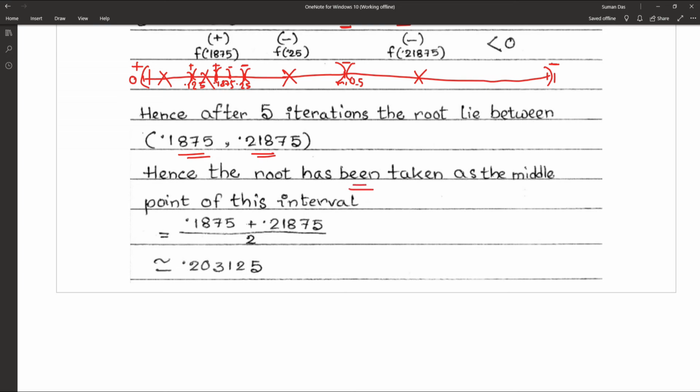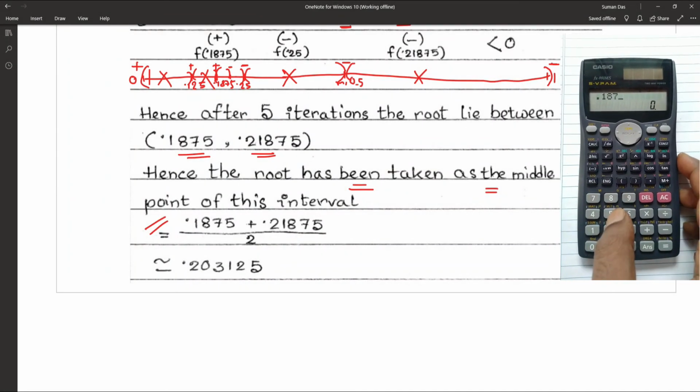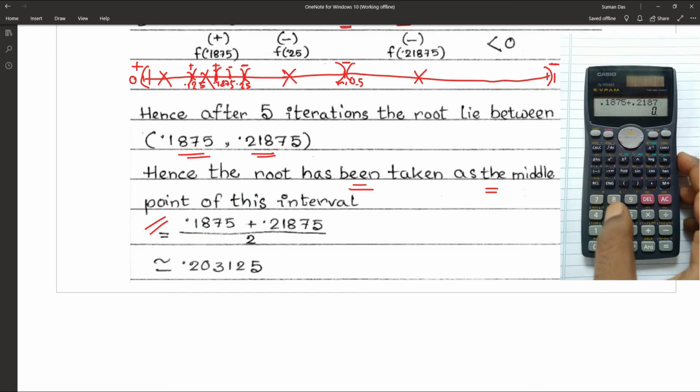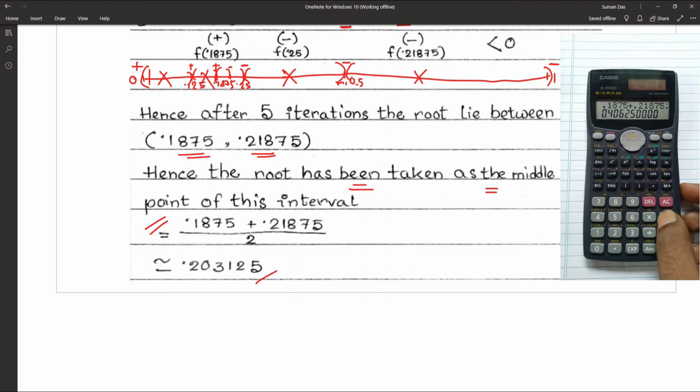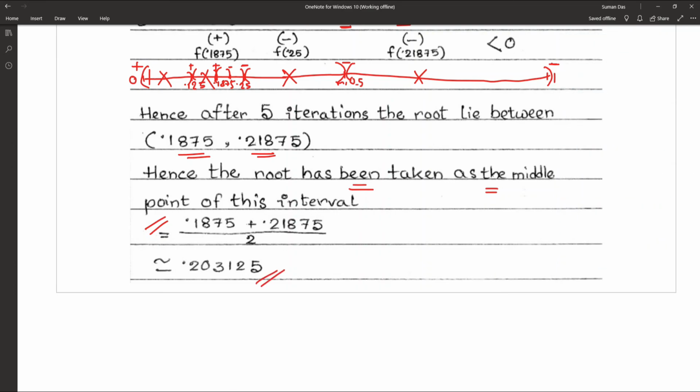Hence the root is taken as the middle point of this interval, (0.1875 + 0.21875)/2, which is nearly equal to 0.203125. In this bracketing method, we can find the root of the algebraic or the transcendental equation.